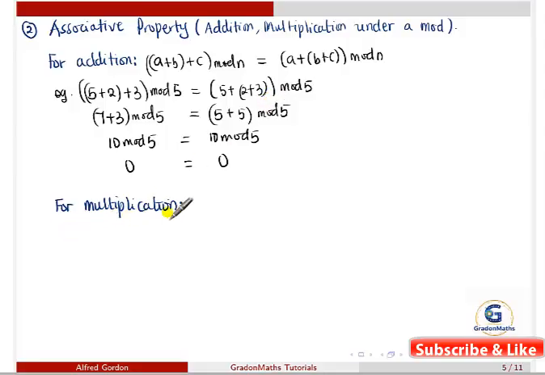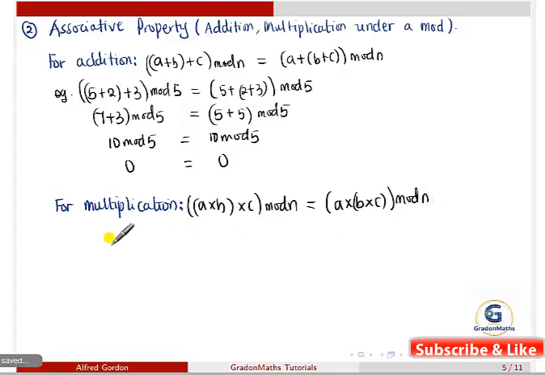But for multiplication, when we have A multiplying B in a bracket multiplying C, all under mod n, this is equal to A multiplying B times C in a bracket, mod n.